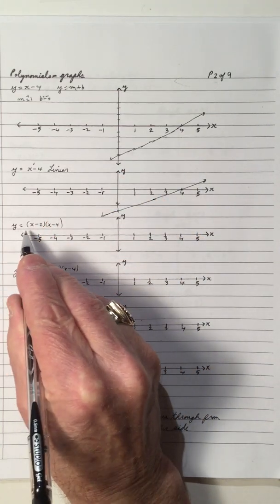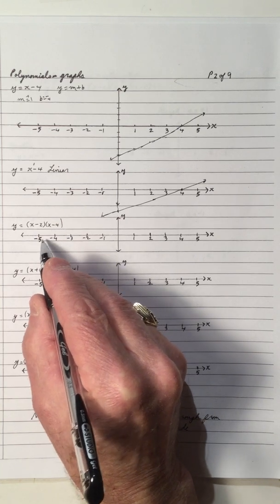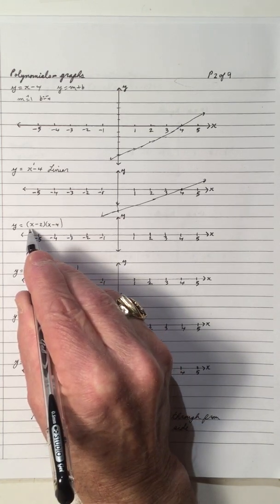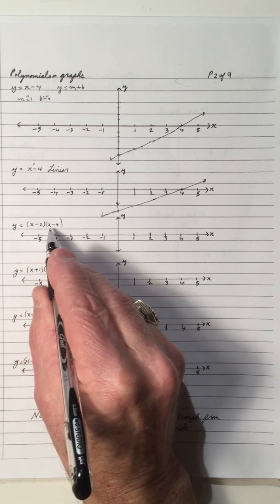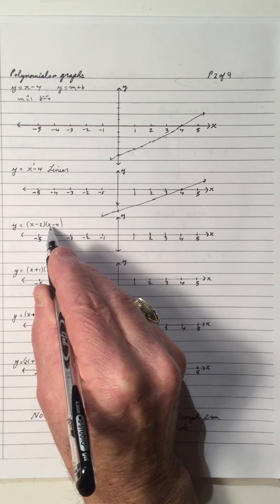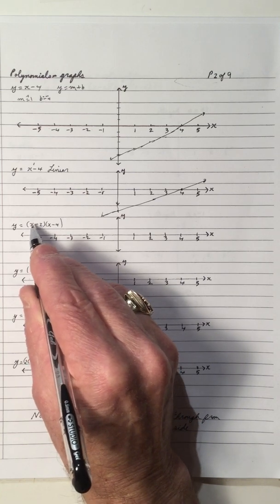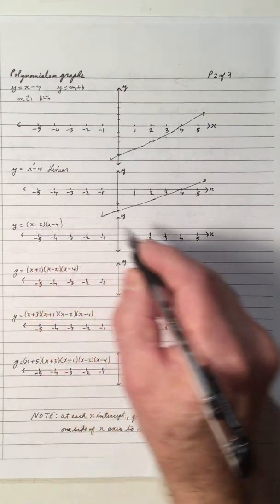Now we have y equals x minus 2 times x minus 4. If you let x equal 2, y becomes 0, because 2 minus 2 is 0 times 2 minus 4, which is -2. So the x-intercept is 2.